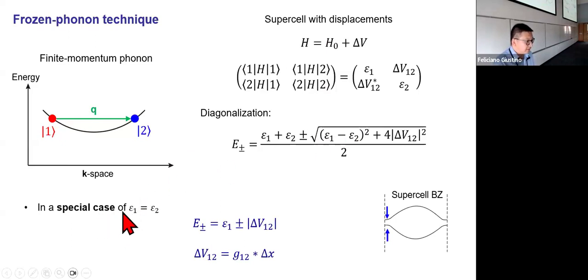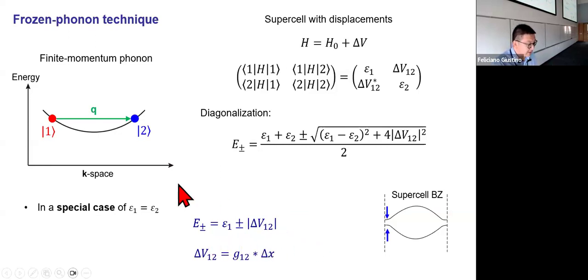In the degenerate case, the new energy, plus or minus, equals epsilon 1, which is their original energy, plus or minus the potential change. And if you recall, the potential change is induced by the atomic displacements of a finite Q phonon. Basically, it's just g times the displacement that you moved.